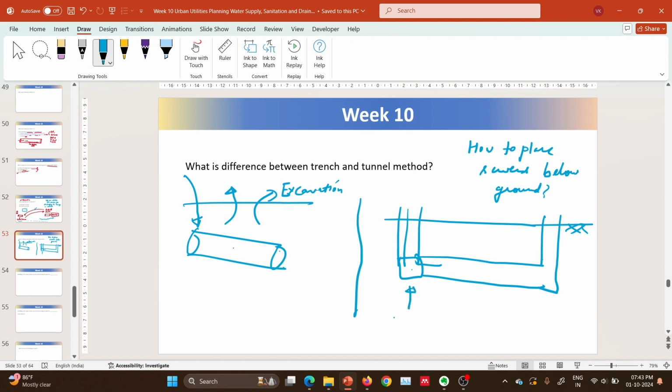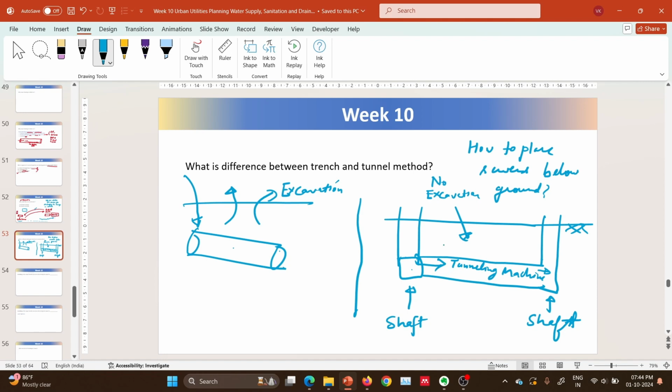This is the shaft. This is the machine. It will make a hole and then we can insert the sewers one by one.